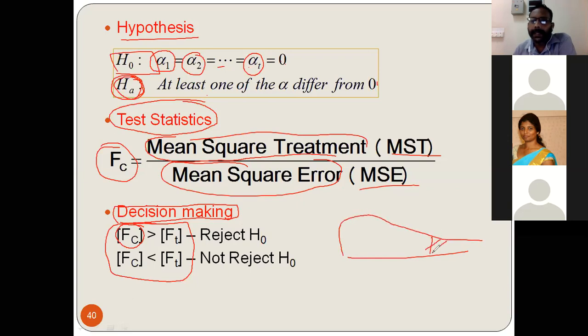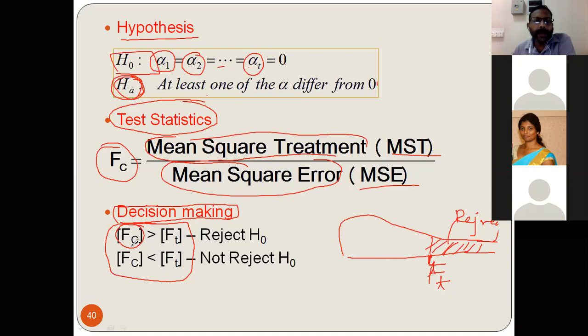Suppose, let's say, if my alpha is that region, this is the F table value, somewhere there. So this region is called the rejecting region.